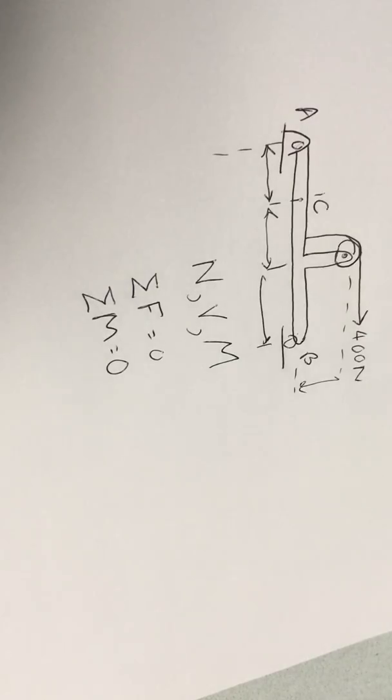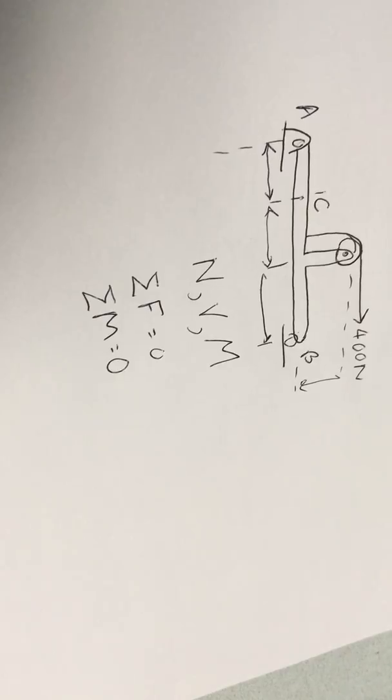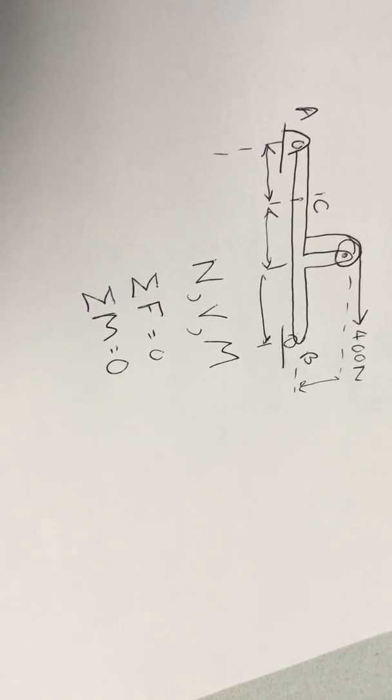So moving right along, the question in this case would be find the internal forces at point C, right? So I'm going to redraw this whole thing just for clarity.